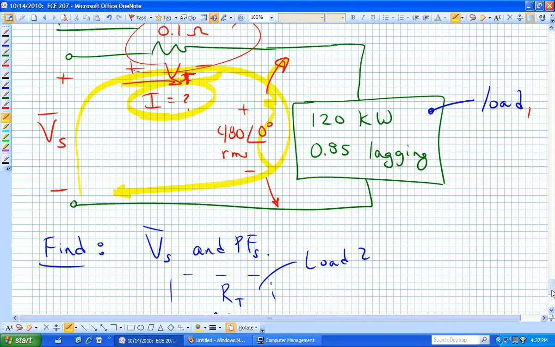Once we have the source voltage and we have the current, we can figure out what the angle is of the source. And once we have that angle relationship, theta sub V sub S minus theta sub I, then we have our power factor of our source. That's where I'm headed. Meaning, I know what the voltage dropped across the load is, and I know the real power.